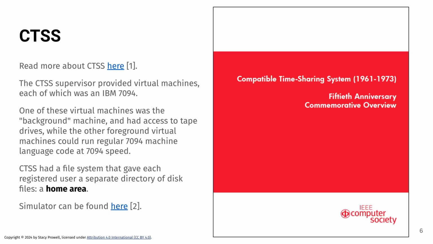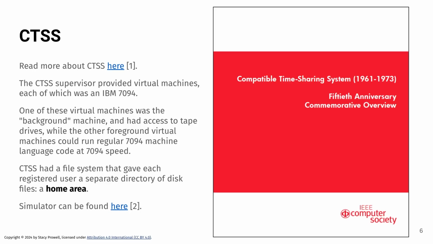Ultimately, the CTSS, Compatible Time Sharing System, supervisor provided virtual machines. So that you had a big 7090, which was then divided into smaller 7094s, and each user got their own 7094. It had one special virtual machine that had actually all the hardware, the tape drives and so forth associated with it.